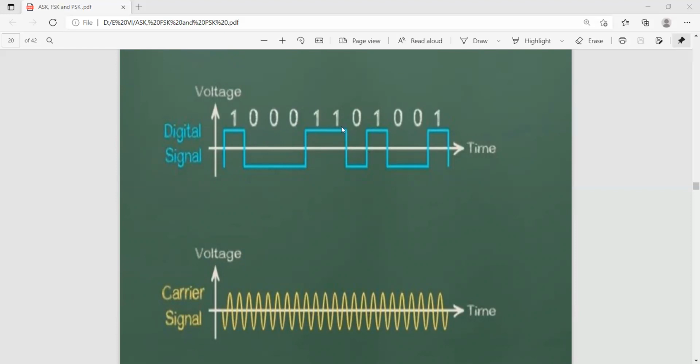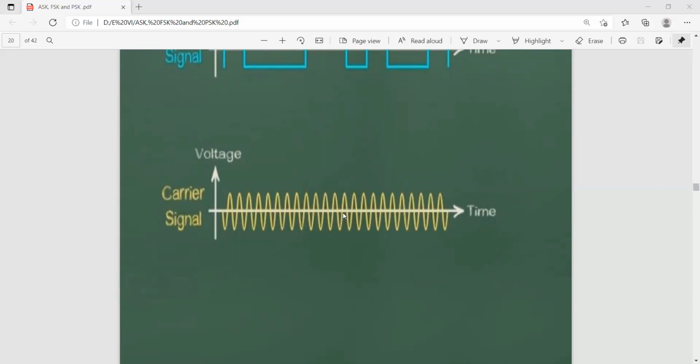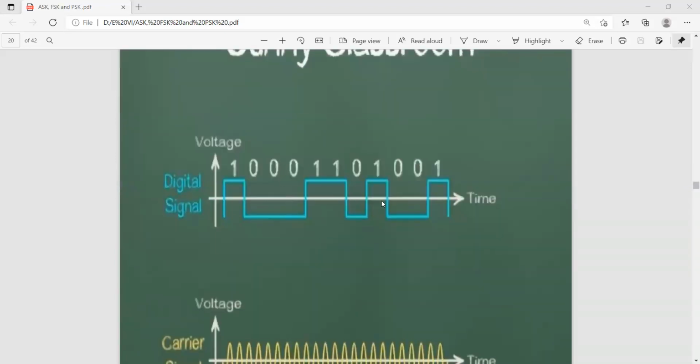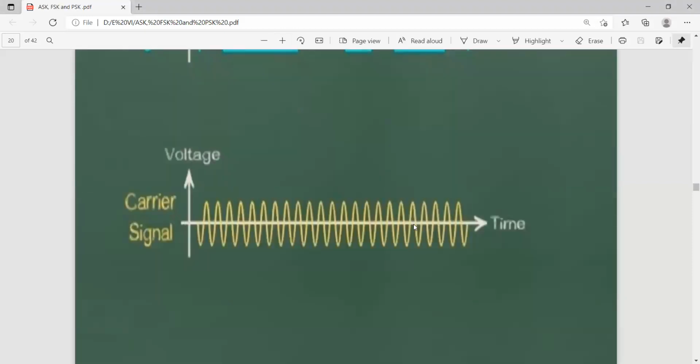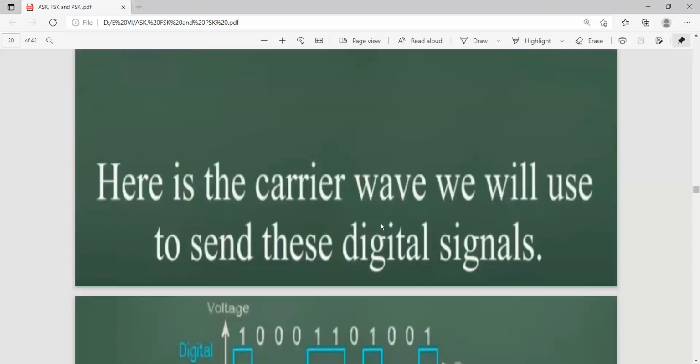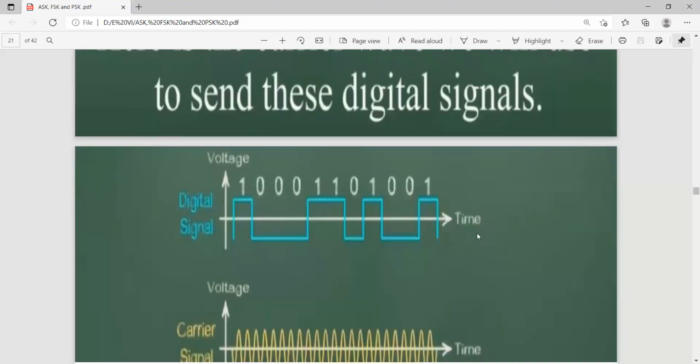Here the digital signal is directly added to the carrier wave, like this. This is your digital input, and the carrier wave is used to send these digital signals.